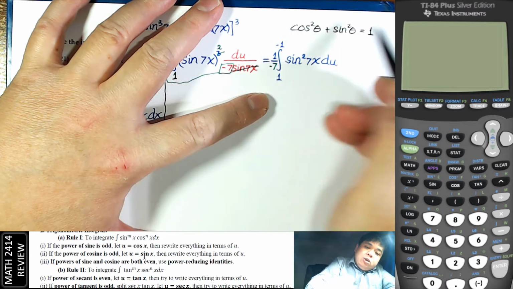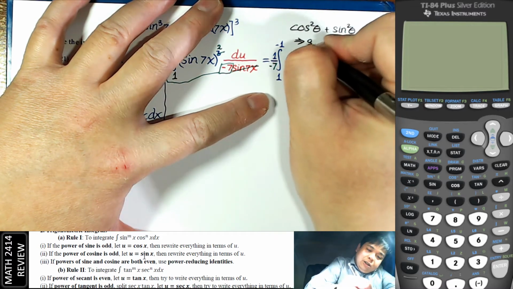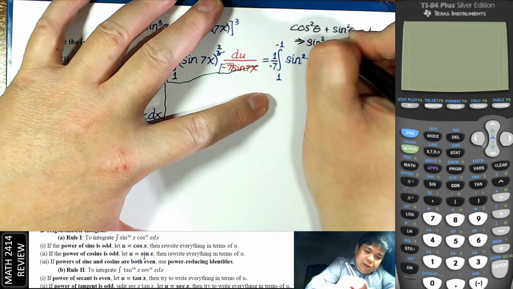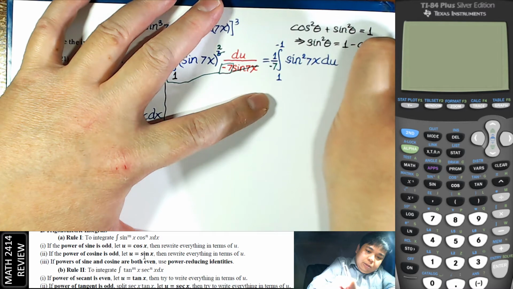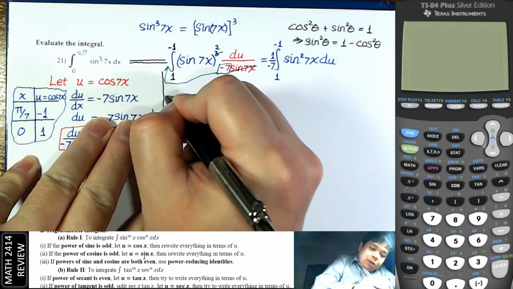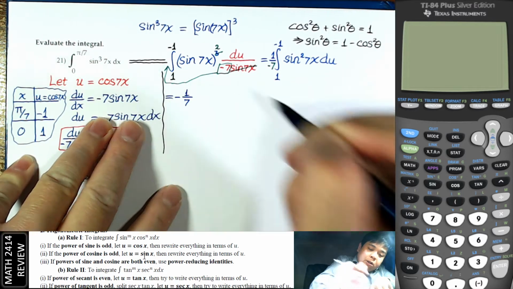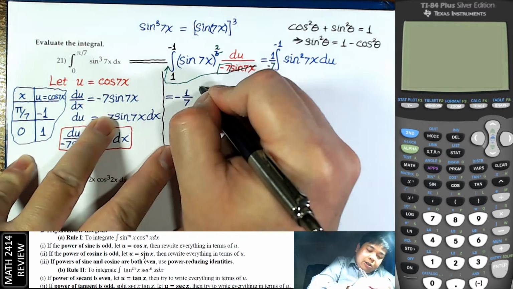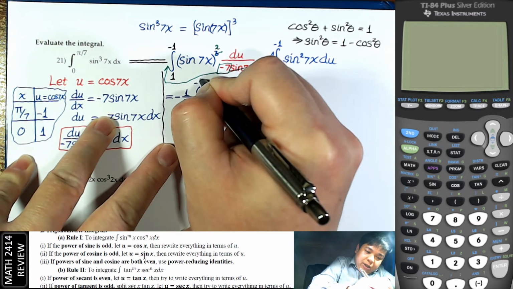So sine square is 1 minus cosine square. So we have negative 1/7 from 1 to negative 1.